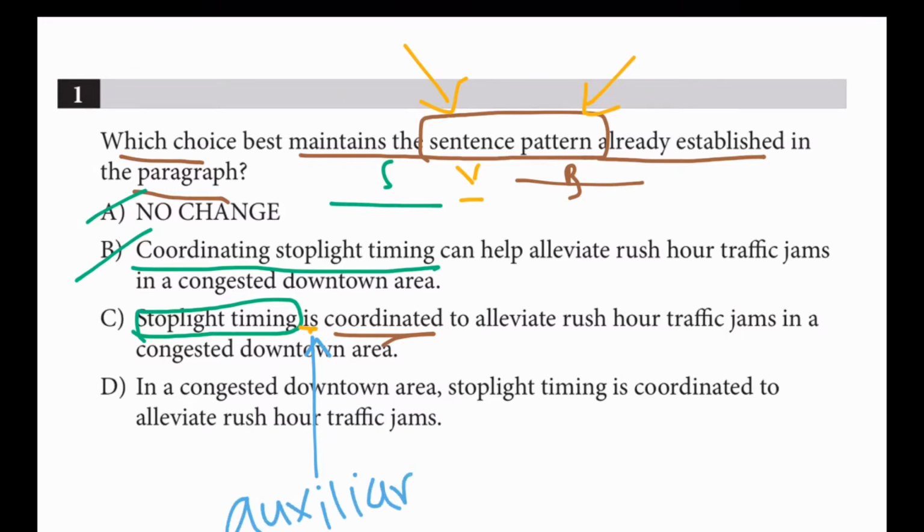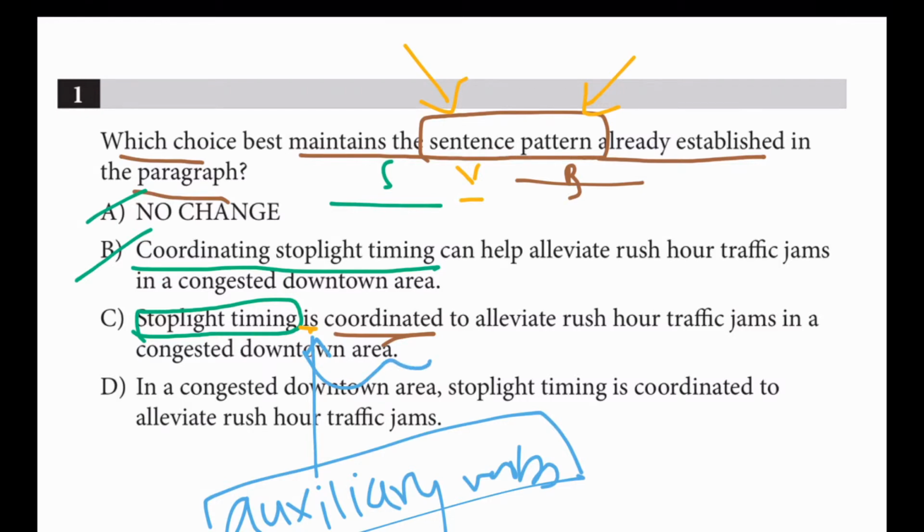Auxiliary verbs are those verbs that help in the formation of other verbs. They are used in conjunction with other verbs. So this is why we have two verbs here. And this verb just helps give meaning to this verb, because it wouldn't make sense to say stoplight timing coordinated.